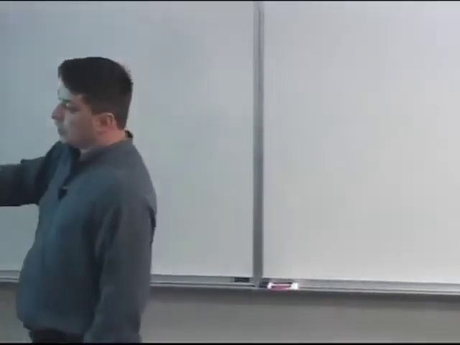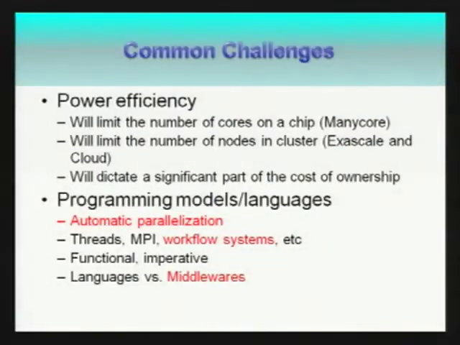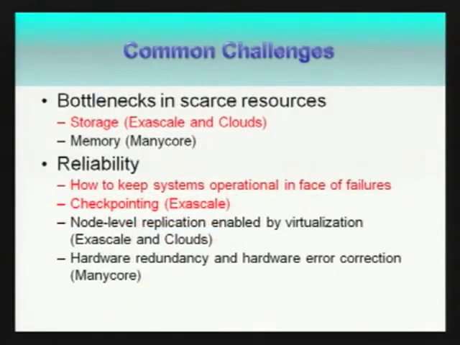So there's a lot of work that needs to happen here, from parallelizing code automatically, perhaps looking at different models other than threads or MPI. Do you implement features in languages or middleware, et cetera?